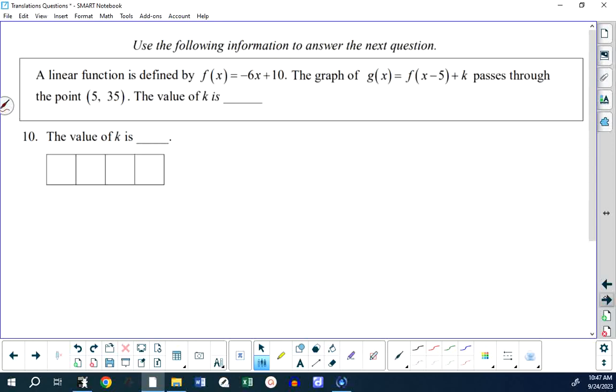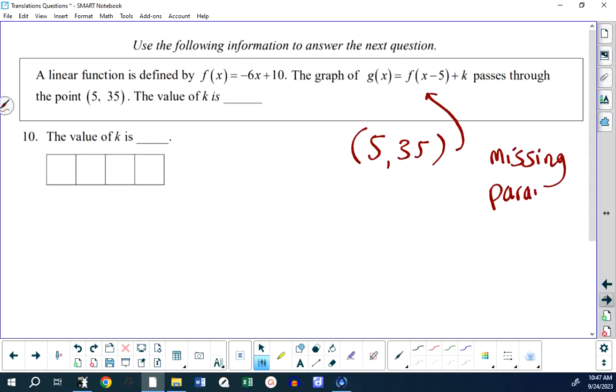So you're told that the point 5 comma 35 lies on this function. And this function has a missing parameter of k. We don't know what k is.